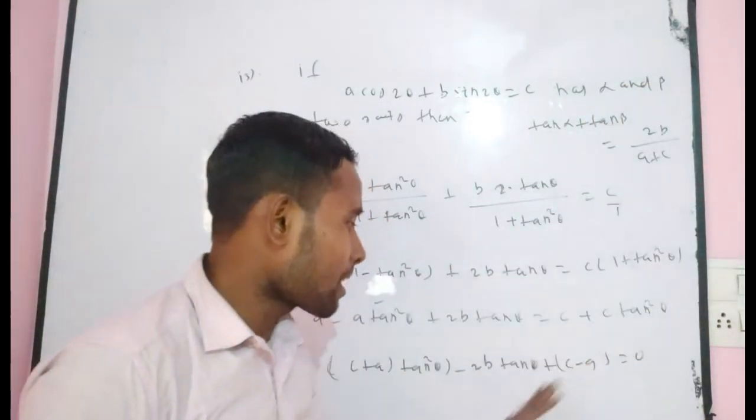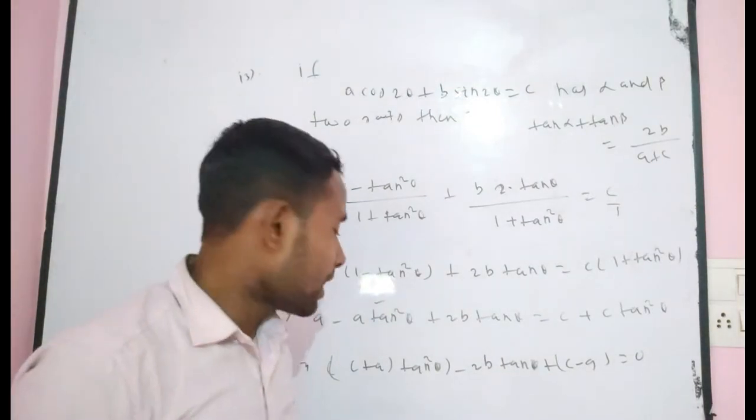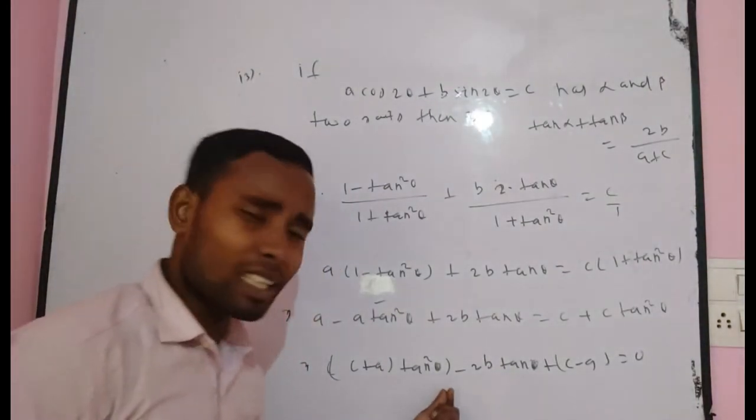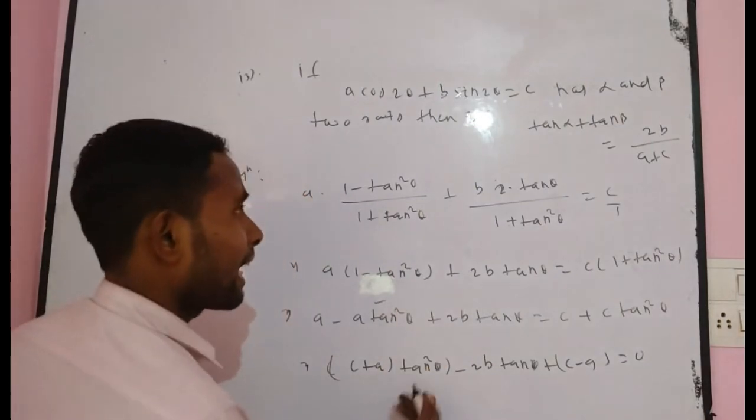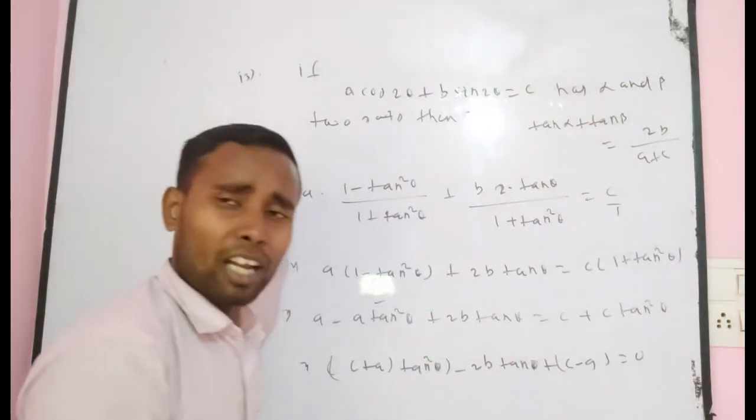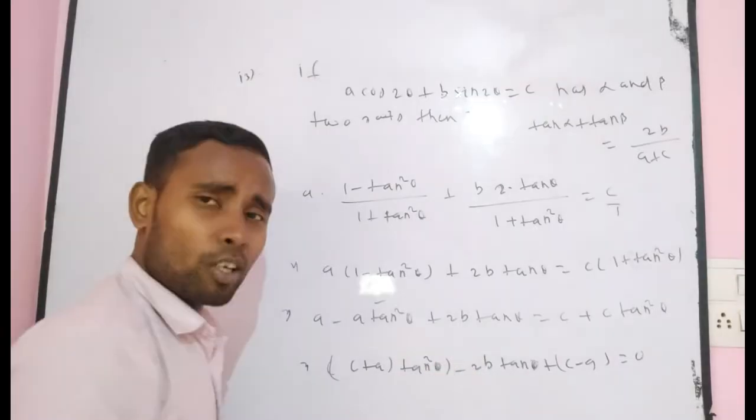If alpha and beta are roots of this equation, then here alpha means theta. In that case, can you say that tan alpha and tan beta are two roots of this quadratic equation?